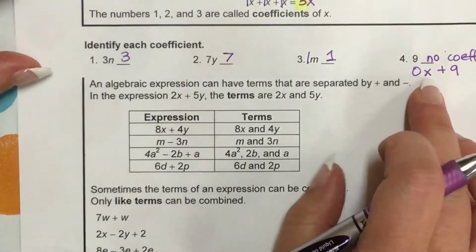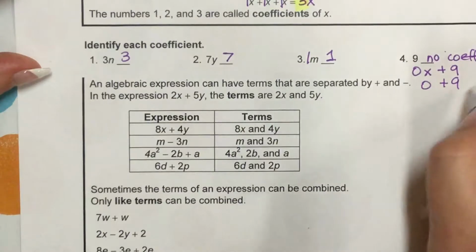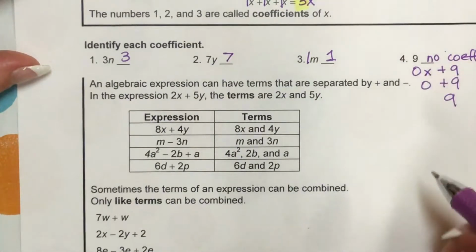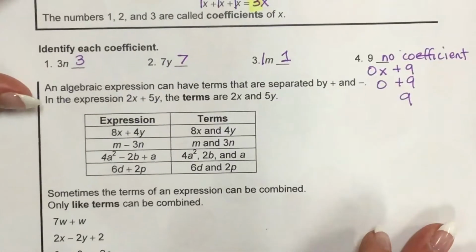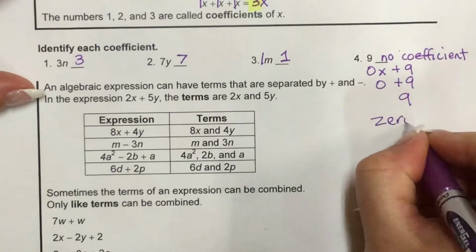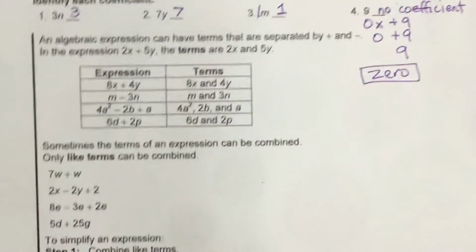There's our 9. What's 0 times x? Anything times 0 is going to be 0, plus 9, which is going to be 9. So we could say no coefficient, or we could say that the coefficient in front of the variable would be 0. Okay, that one was kind of tricky. Okay, let's go on to the next one.